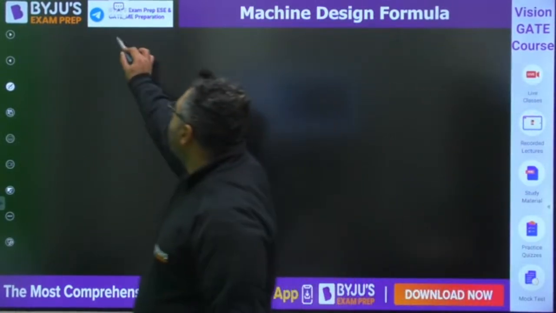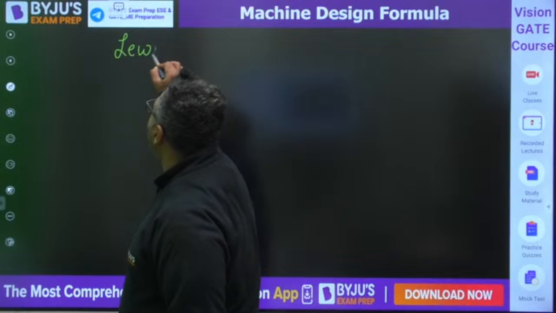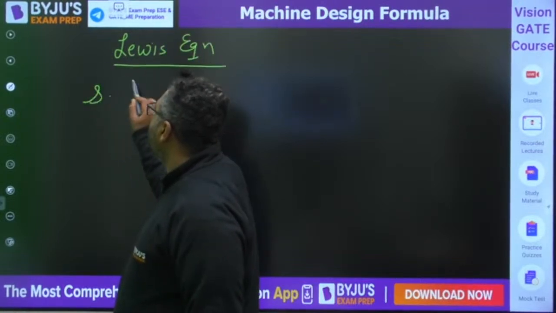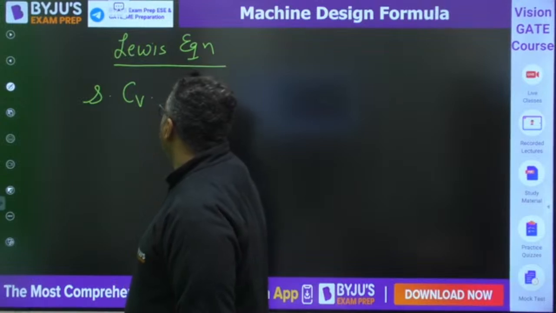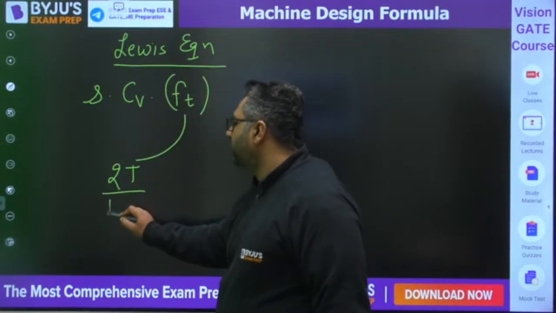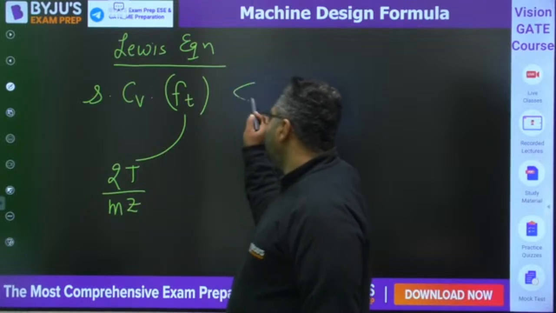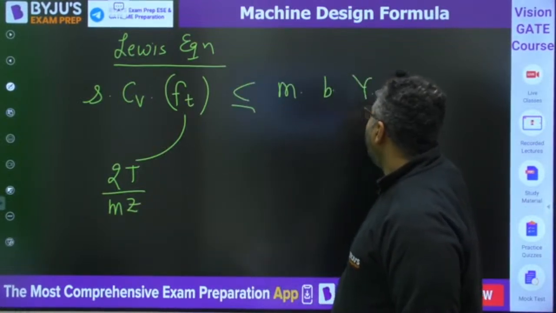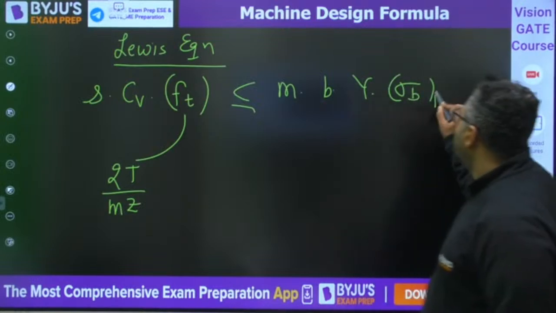Second formula for gears is the Lewis equation. You write it as service factor, velocity factor, Ft. This Ft is nothing but 2T by mz. That is going to be less than or equal to m b y sigma b permissible.